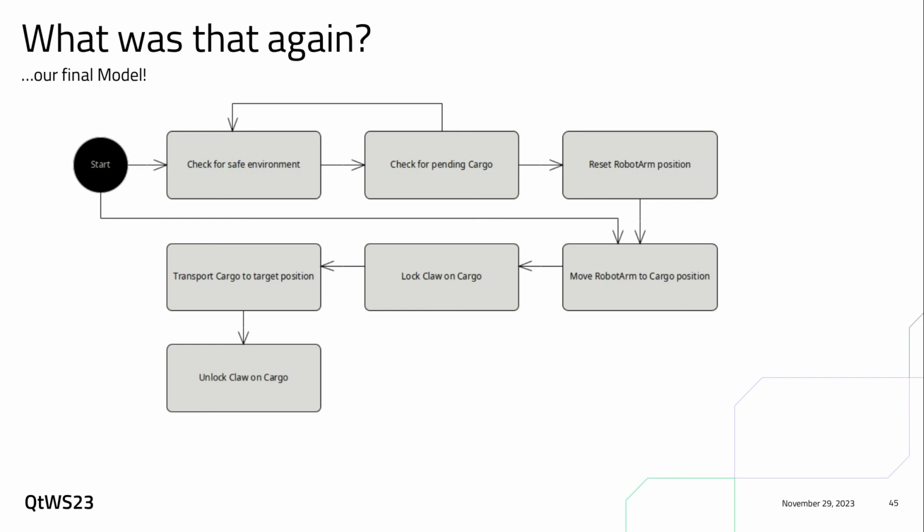First, Port Authority told us to check the environment before we start loading cargo. Yes, we should, definitely. And next to this, sometimes we have important cargo on hold, which we need to skip all those steps. So we start right and move robot arm to cargo position.